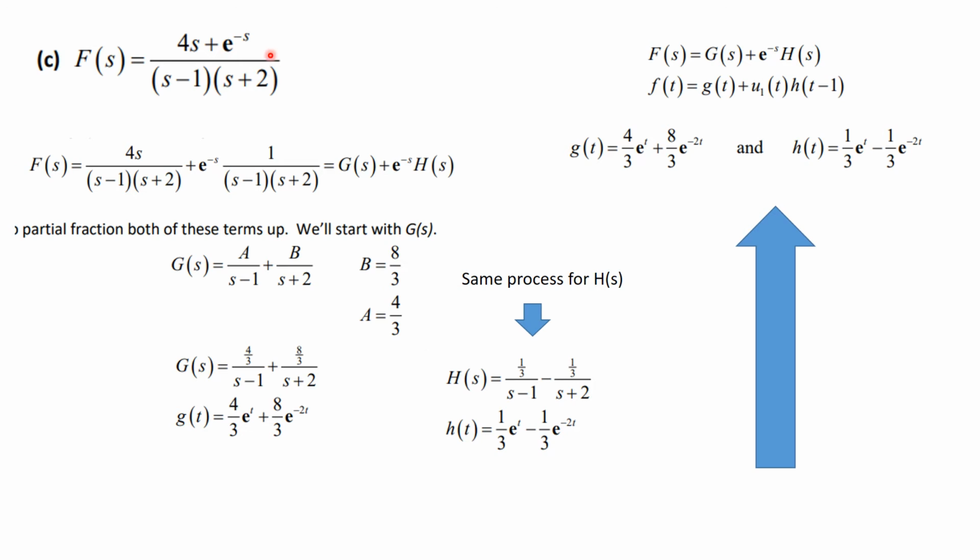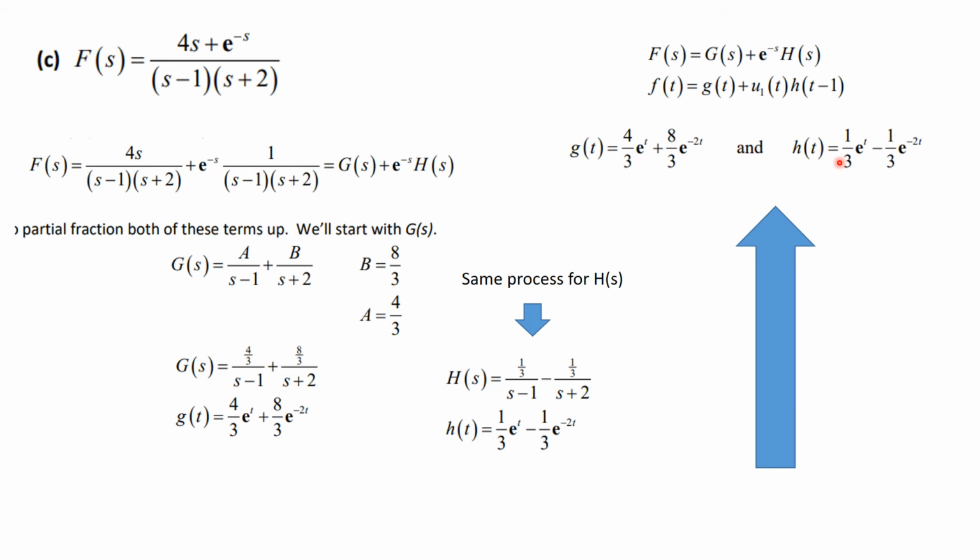Now let's remember the problem was to invert this one, and it was really g of s plus e to the minus s h of s. So when I invert this, I am just going to get g of t for this one, but here I'm going to get u sub 1 of t, the Heaviside step function at 1, times h of t minus 1.